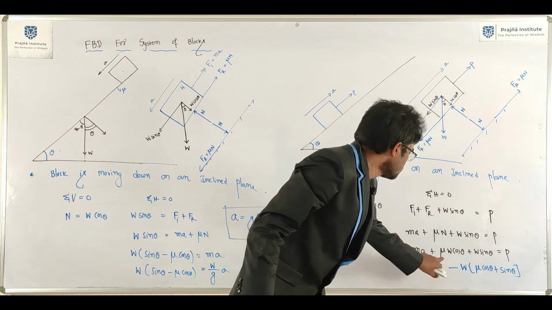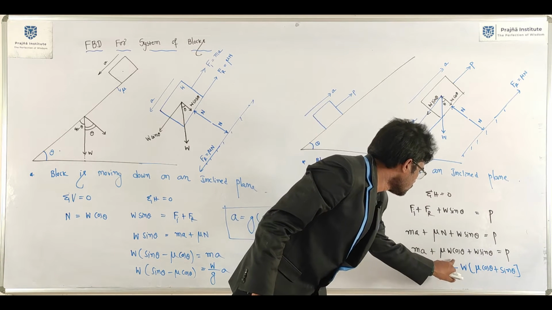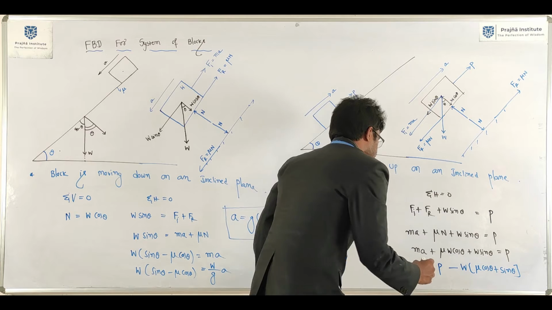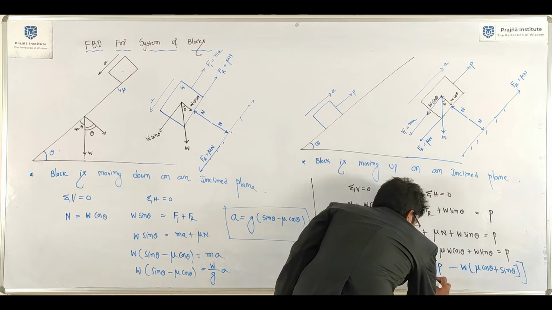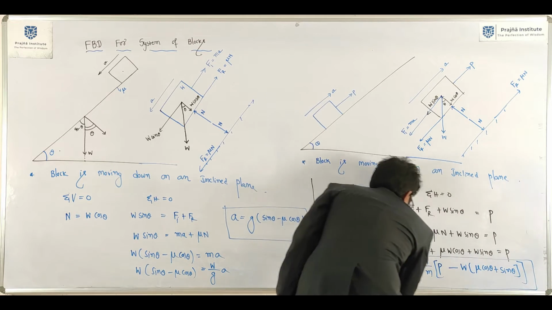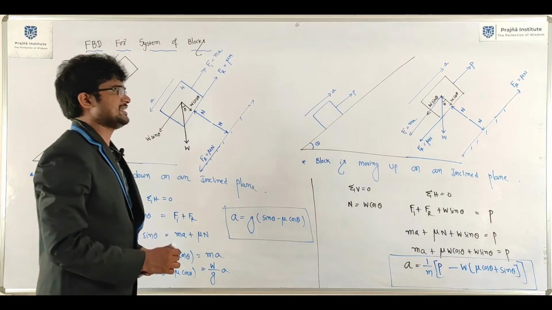Correct? W taken common, mu cos theta plus sin theta, all multiplied by 1 by m. This is the acceleration in this case.